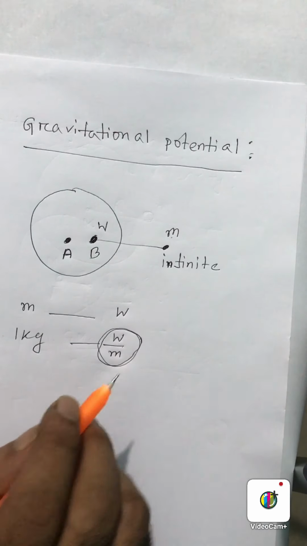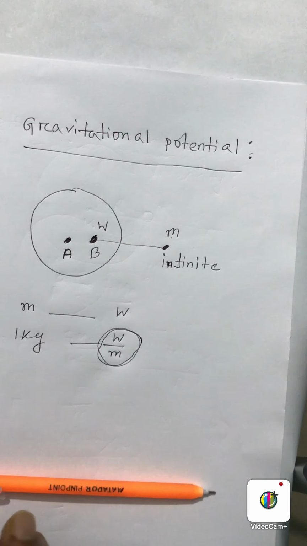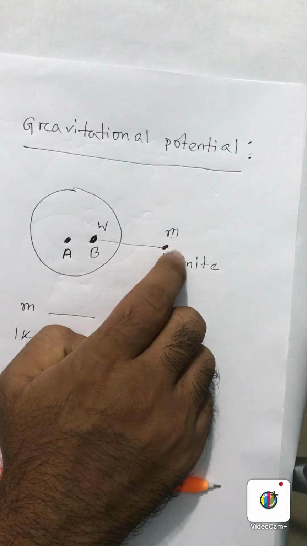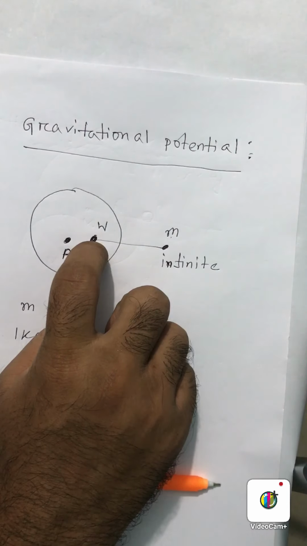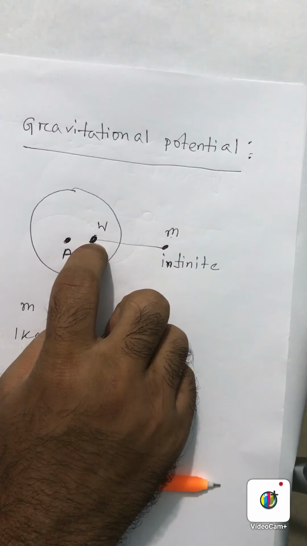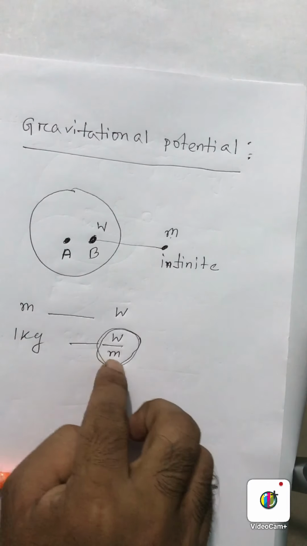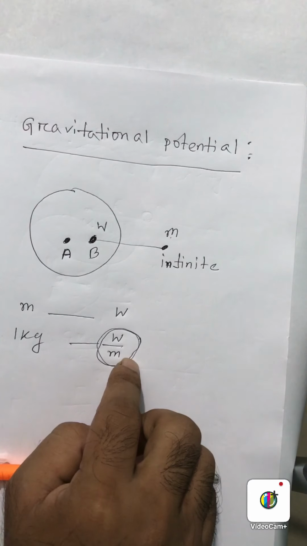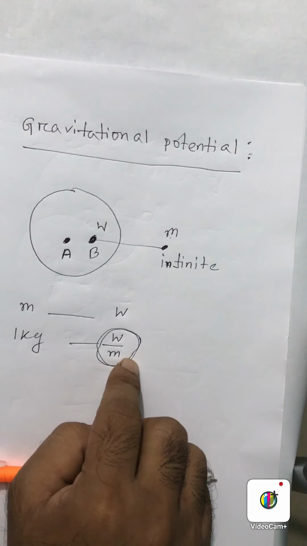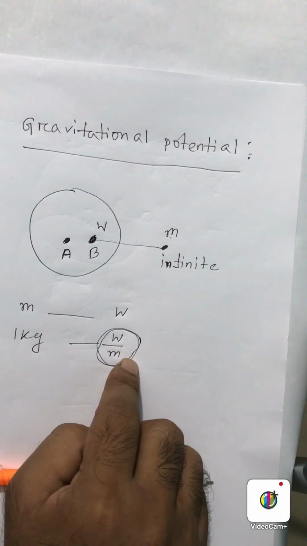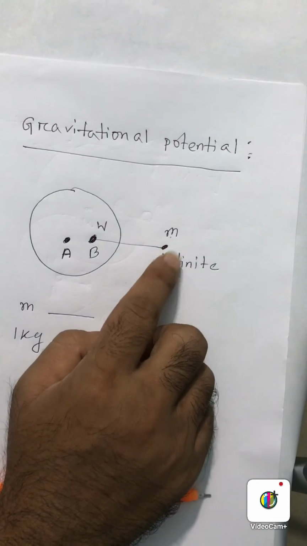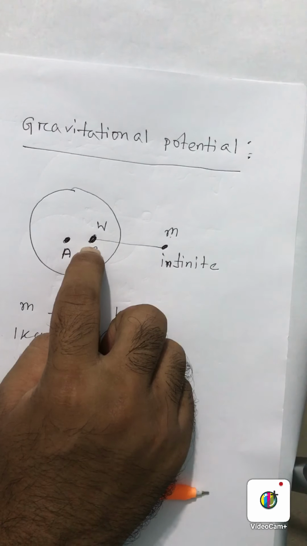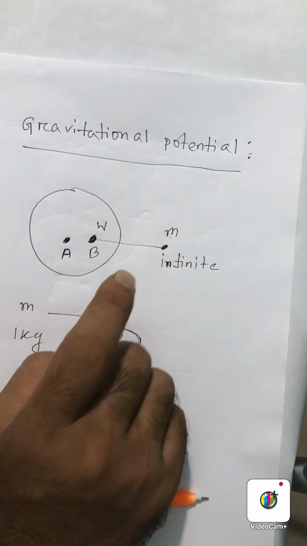That means if 1 kg mass or 1 unit mass is brought from infinite distance to a point inside the gravitational field, this amount of work is called gravitational potential. So gravitational potential means the amount of work needed to bring 1 unit mass from infinite distance to a point inside the gravitational field.